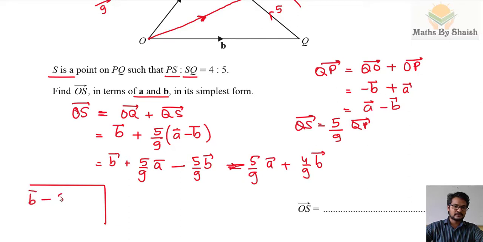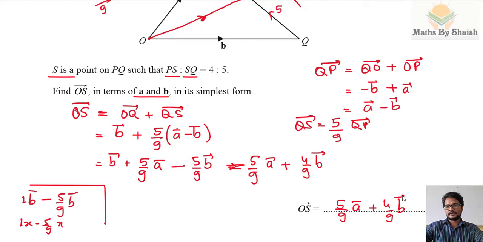B minus 5 by 9B, it's like solving x minus 5 by 9x. So it is 1 times x, so it is 1 times B. 9 ones are 9 minus 5, so 9B minus 5B is 4B upon 9, so it is this, and we will write this answer: 5 by 9 A vector plus 4 by 9 B vector.